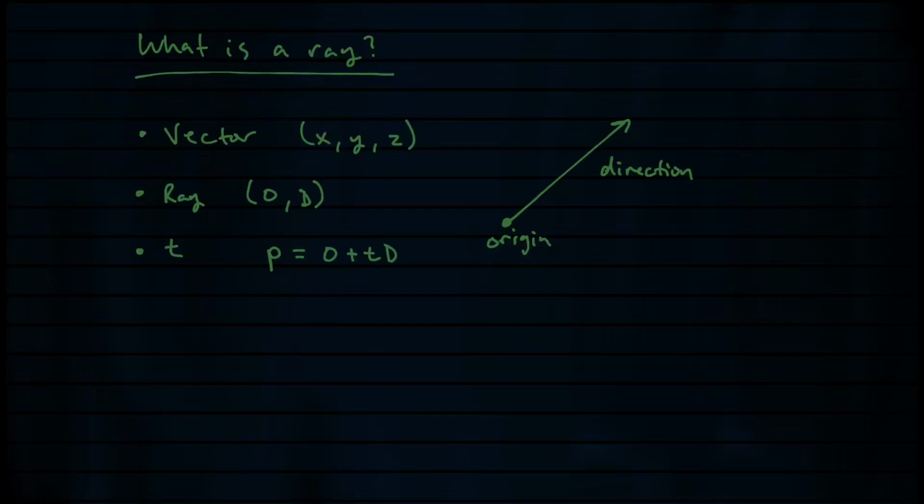And this allows us to set different points along the ray, although theoretically you could have points behind the ray if you have negative t values, or these are positive t values if we're talking about the positive side of the ray.